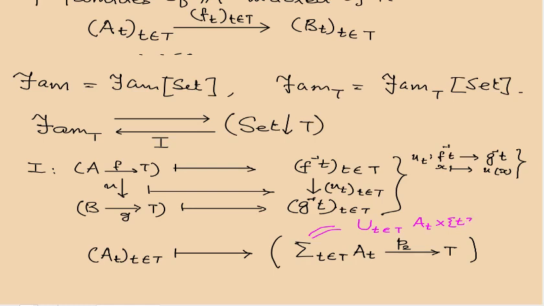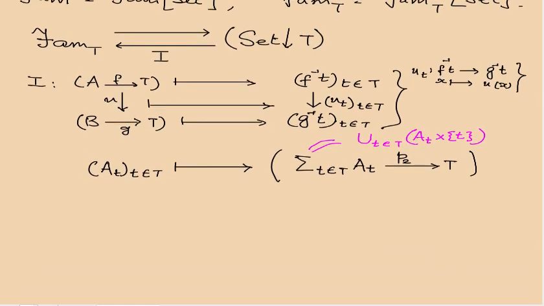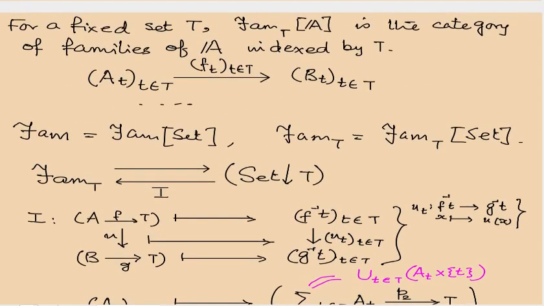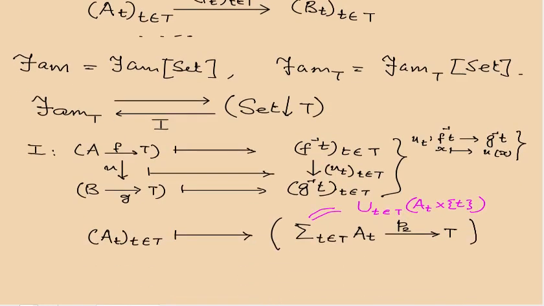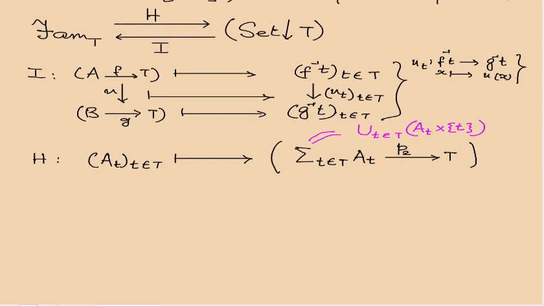All right. Similarly, I didn't give a name to this functor. So this is the projection, P, or let me say it's H. So this is this functor H. And then what is this?